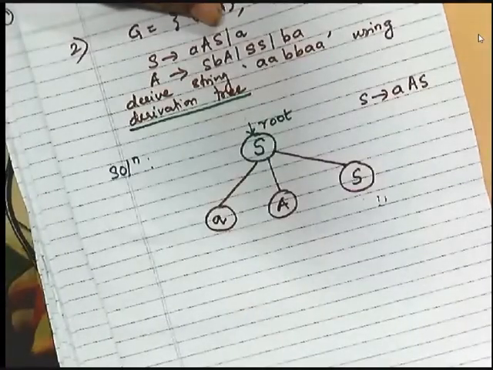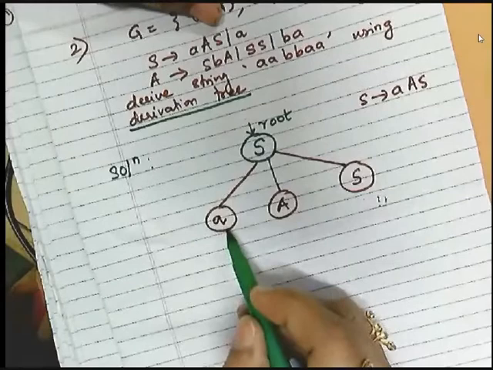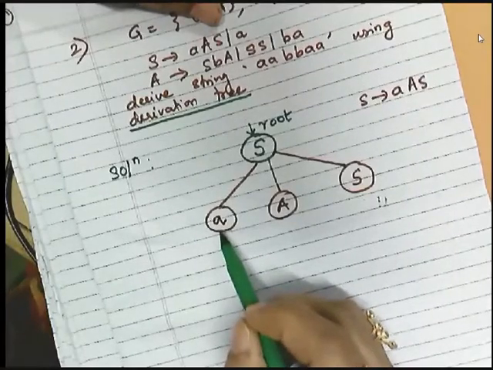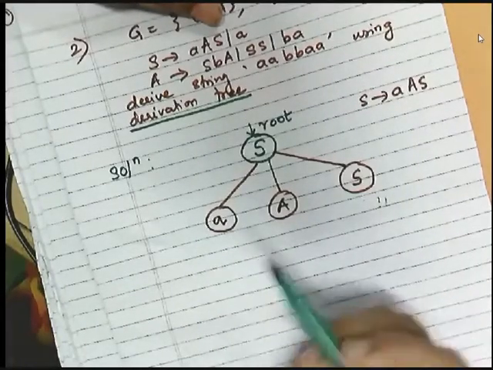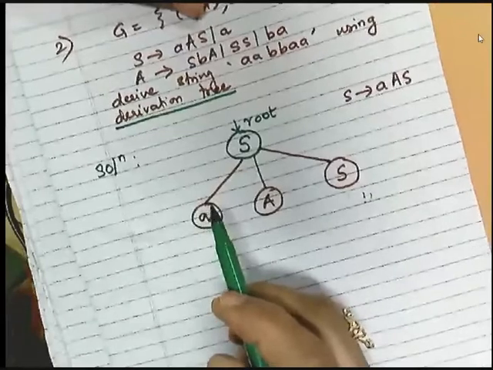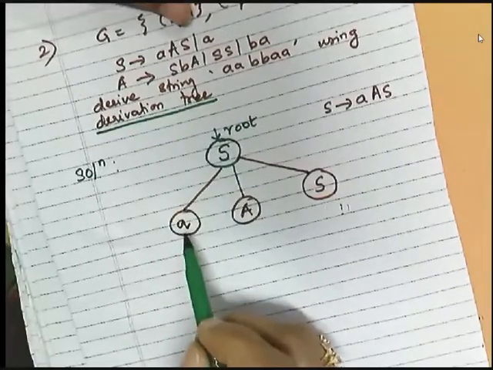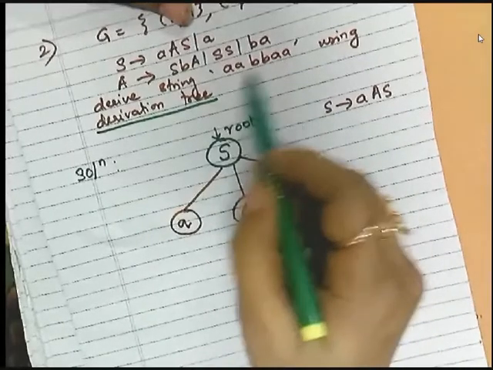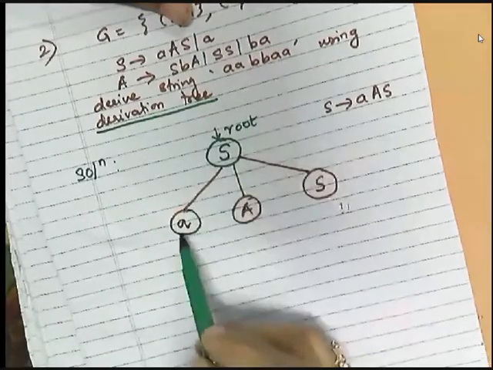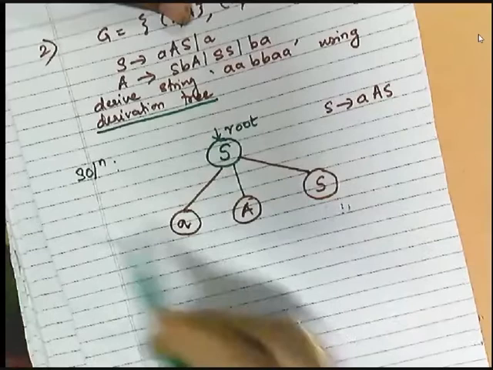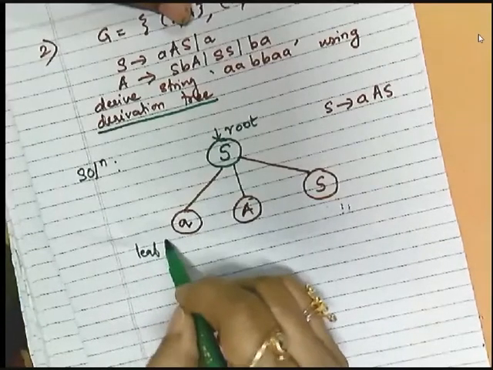After this, since this is a terminal, it is not deriving any more. A terminal cannot derive any other terminal, right? So we can say that it is a terminal and it is part of the resultant or expected string.